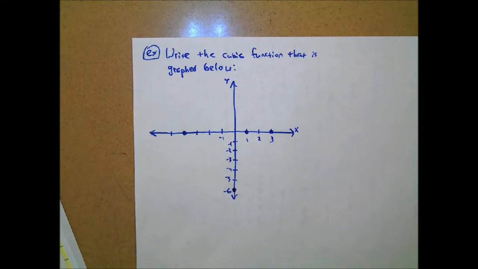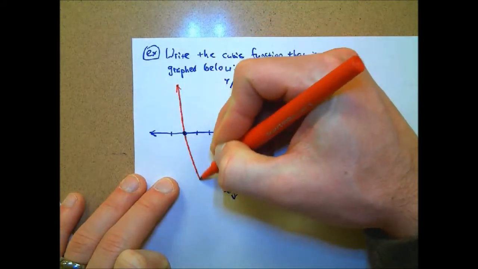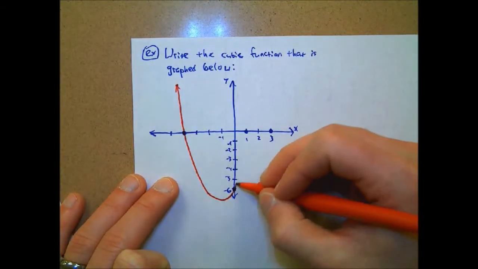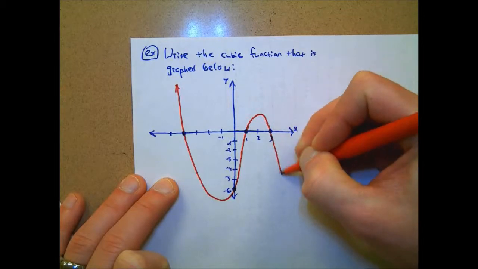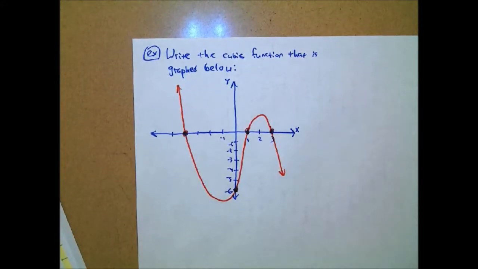I'll do the graph in red so it stands out. All we've got is this graph, and we want to come up with the cubic function that yields this graph.